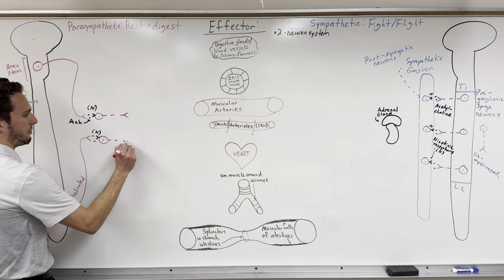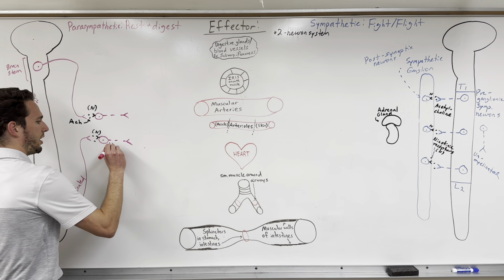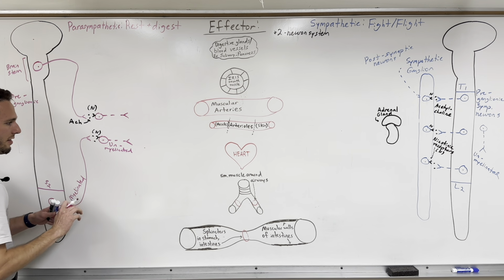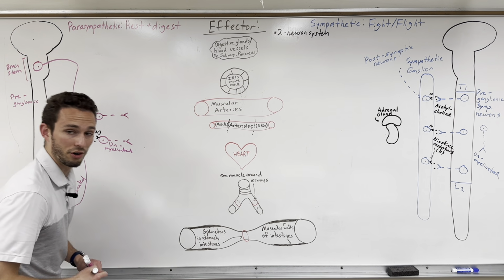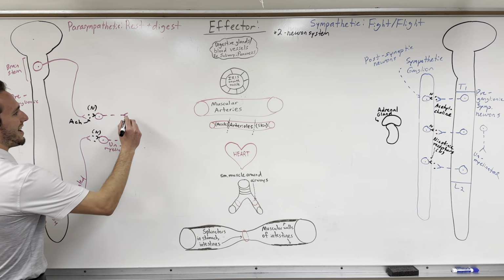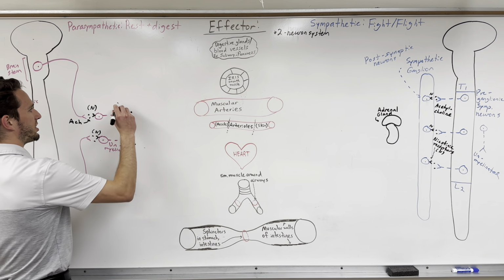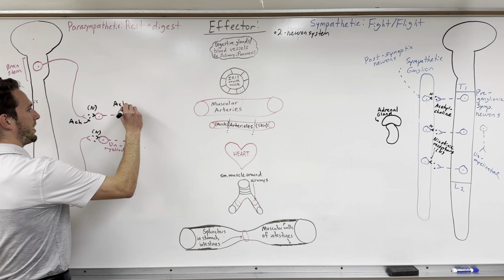So once again, these are unmyelinated here. So I can write unmyelinated. And they will release a neurotransmitter you've heard of before. Once again, they will also release acetylcholine. So it just seems like an acetylcholine stream here, right?